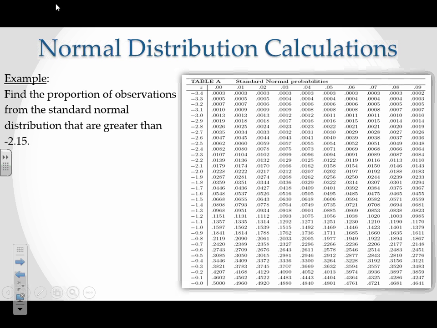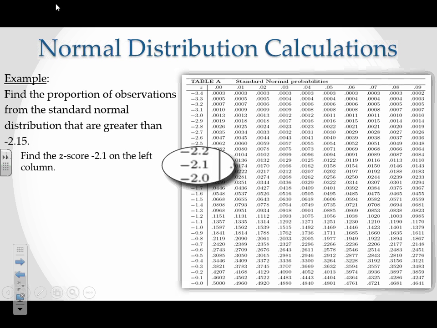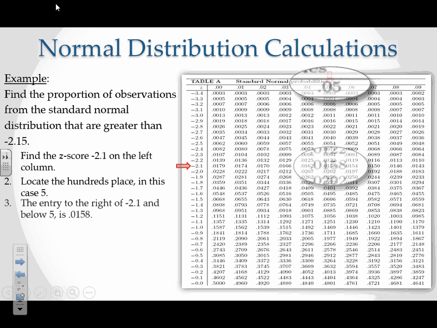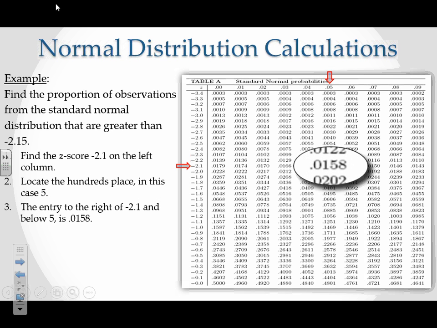So find the negative 2.1 on the left. Find the 0.05 along the top. Follow them until they come together. If you do that correctly, you should find 0.0158. Does everyone get that? Okay, so 0.0158 is our value for negative 2.15.